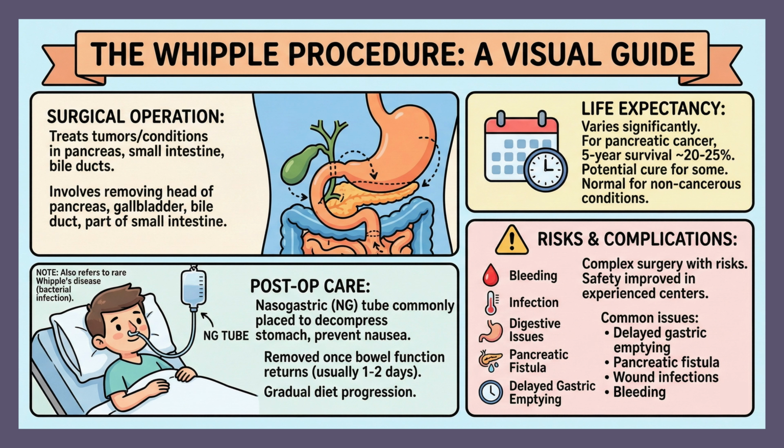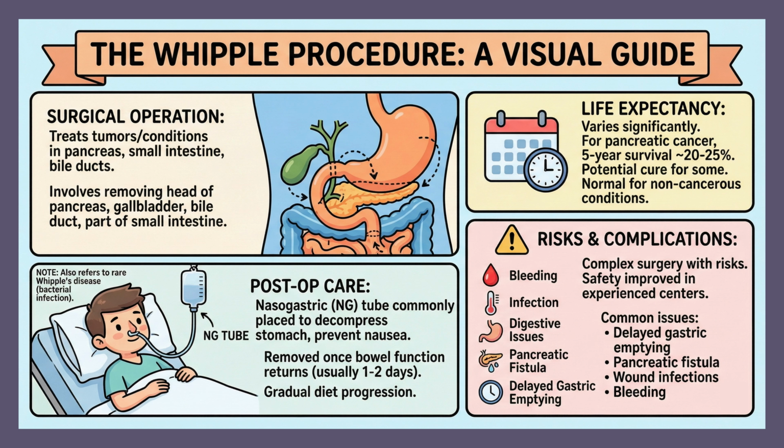Then we have, after a Whipple procedure, a nasogastric NG tube is commonly placed through the nose into the stomach to decompress it, preventing nausea and vomiting by draining fluids until bowel function returns, usually for a day or two. Though some newer approaches question its routine necessity.